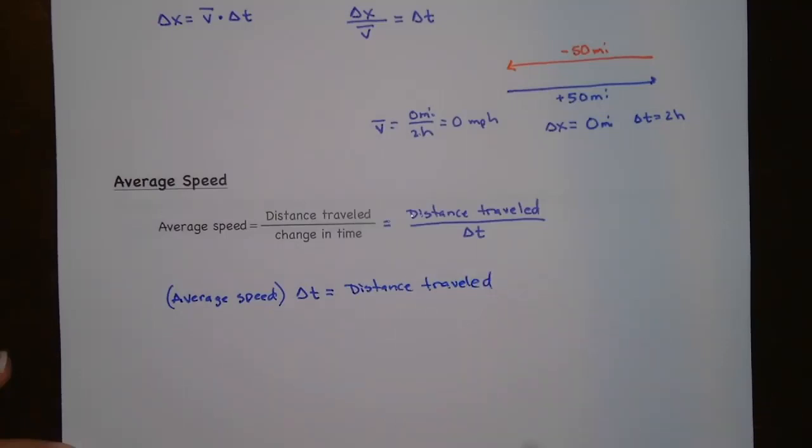Okay, if I took this distance traveled and divided by the average speed, I'd be left with the change in time. So change in time could be achieved by taking the distance traveled and dividing by the average speed.